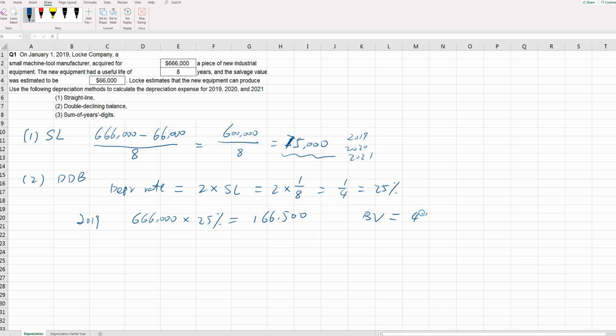This is my remaining book value. Then in 2020, we start with the remaining book value and multiply by this DDB rate again.